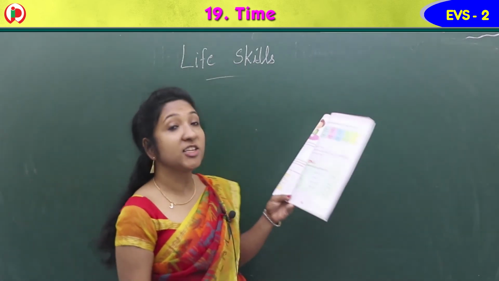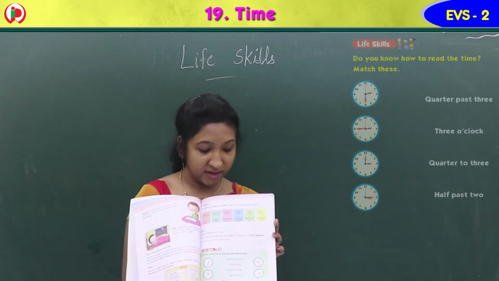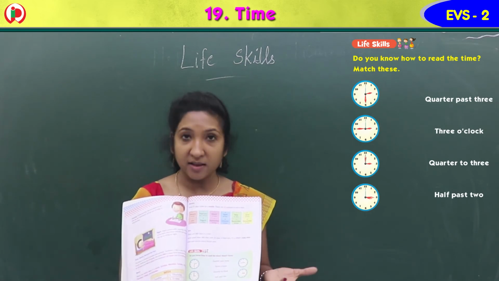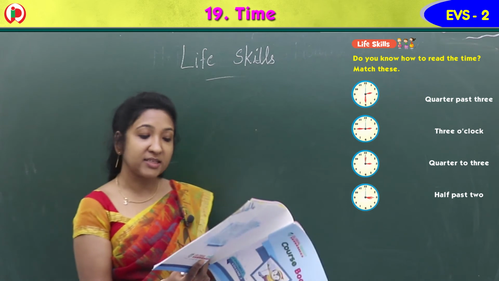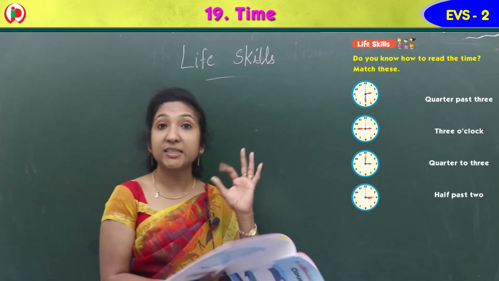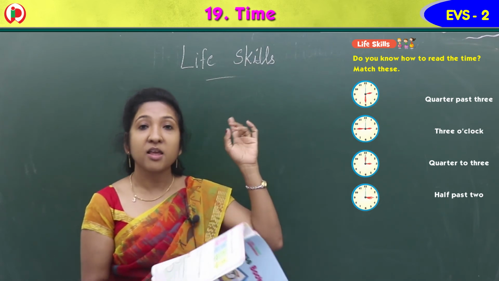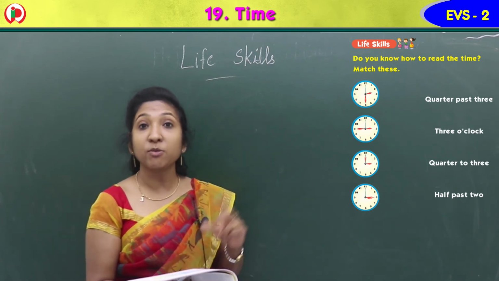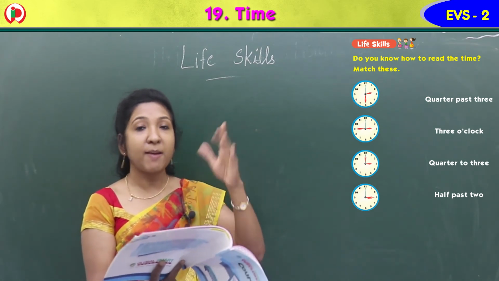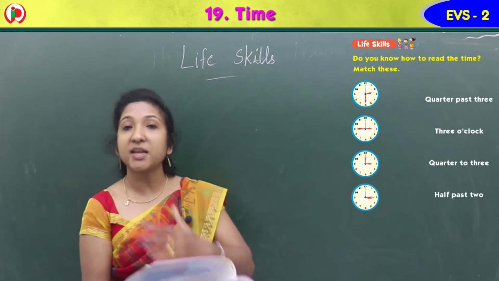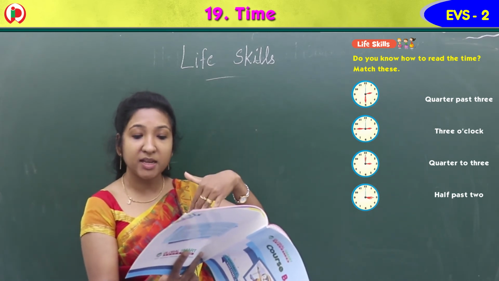So life skills in your course book, page number 57, you can see the image of different clocks with times marked there. So you have to match with the correct timing. So first they have given quarter past 3. 4 clock images are shown there. In which clock you can see this time? Quarter past 3 means from 3 it has crossed 15 minutes.